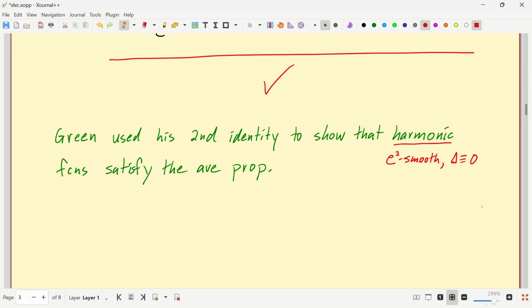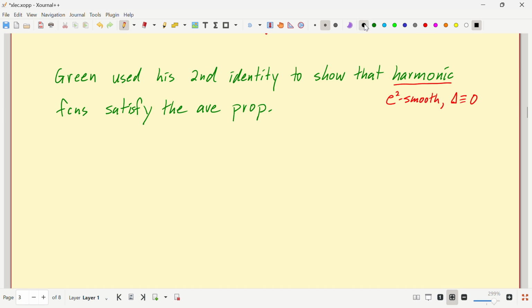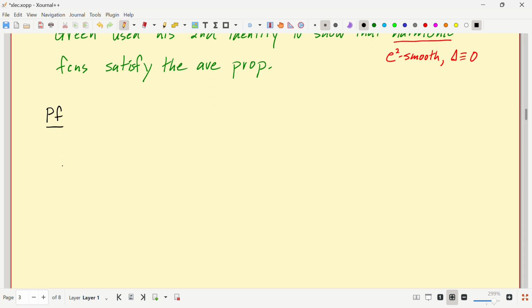Let me show you how it works. Last time I showed you how to get Green's theorem for an annulus. The picture is going to be for a unit circle, which I'll call C1.